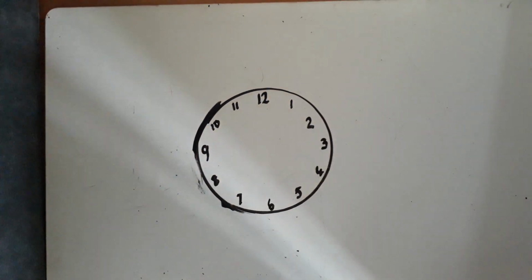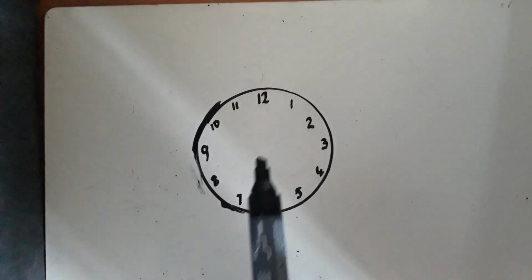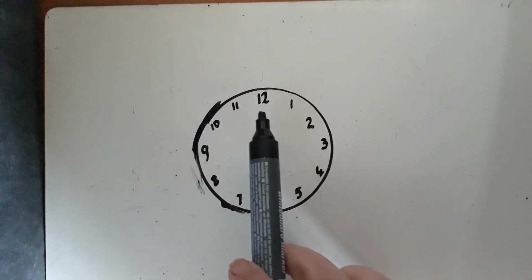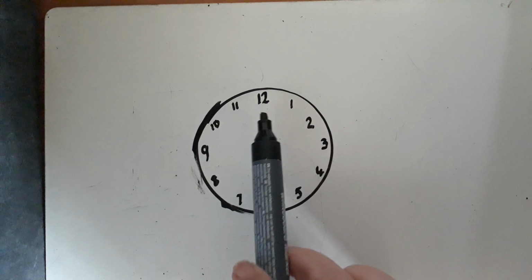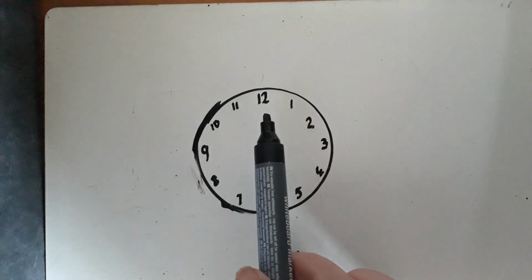So what we're going to do is label the language of time, okay? How we should be saying the time if we're reading it in terms of language. I think most of you will know that when the minute hand points straight up to the 12, that's o'clock.